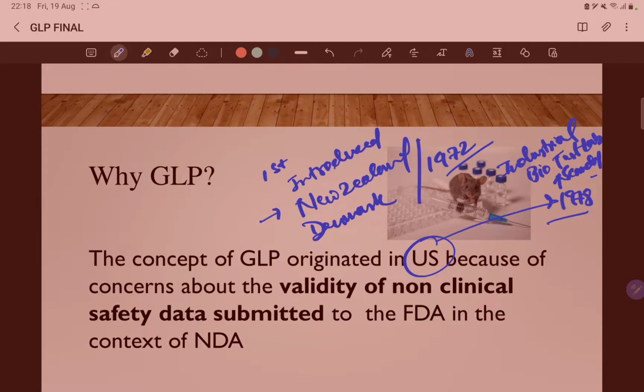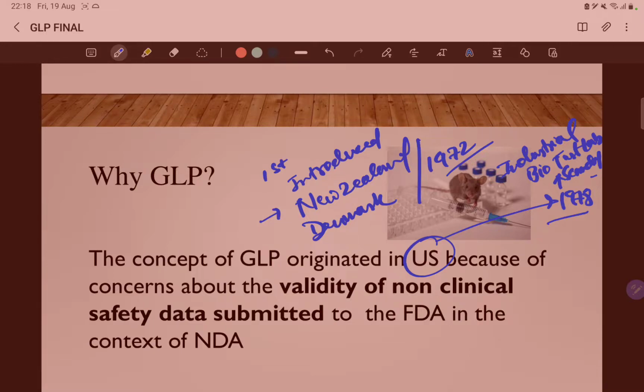Because of the poor lab practices, like equipment was not calibrated into the standard form, right? So they were giving the wrong measurements, or we can say inadequate test systems, or incorrect or inaccurate accounts of the lab study. So proper documentation was not there. So because of these things GLP was created.